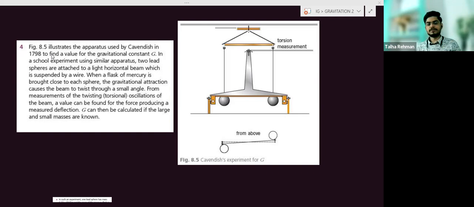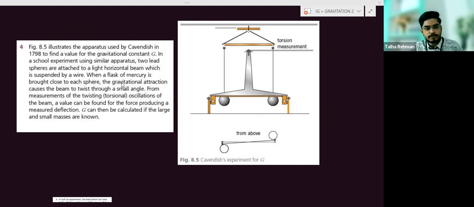He had done one of the experiments to find the value of G. Basically, this is given here. After that, in a school experiment using similar apparatus, means the apparatus which was used by Henry Cavendish. Now, what is the apparatus? Two lead spheres are attached to a light horizontal beam. So this is a light horizontal beam, and these are the lead spheres.